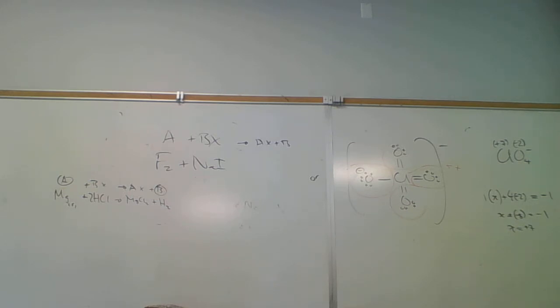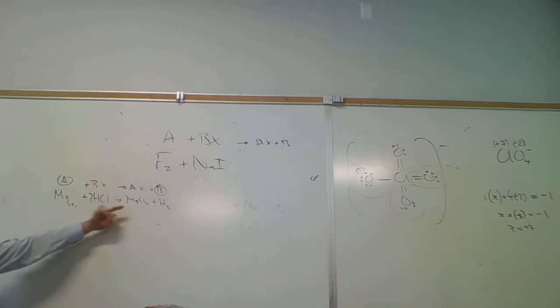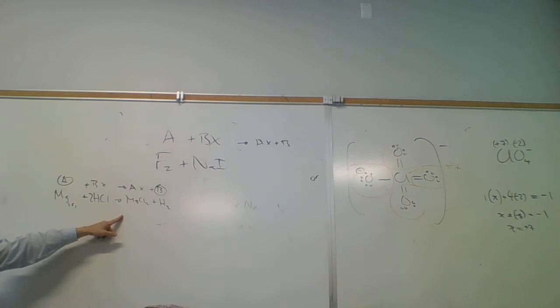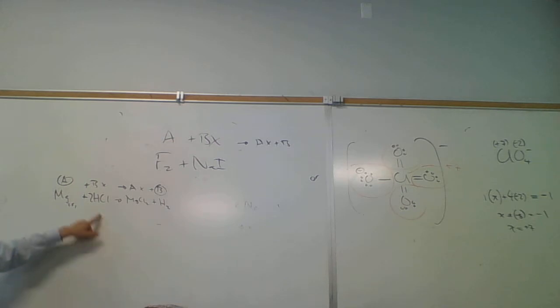And so oxidizers do what? Oxidizers lose electrons or gain electrons? Oxidizers gain electrons. So if we go from magnesium 0 to magnesium 2+, did it gain or lose? It lost. And so we need to reassign the roles. What gained electrons, B or X?